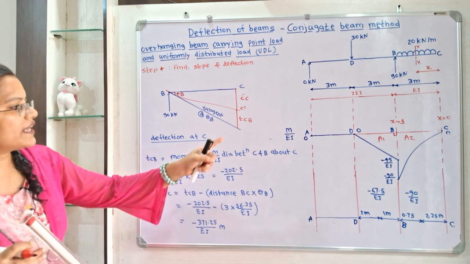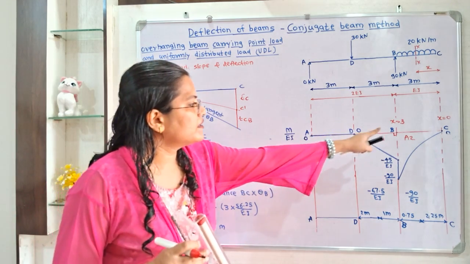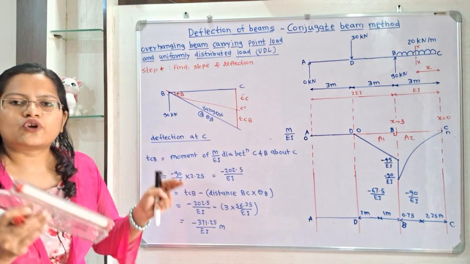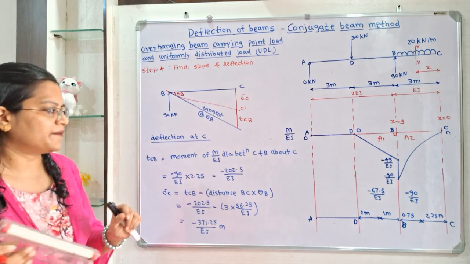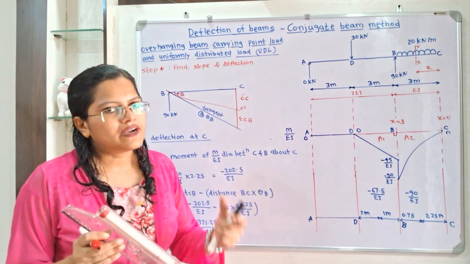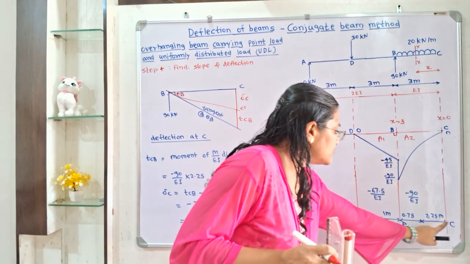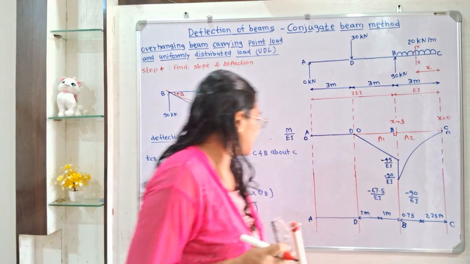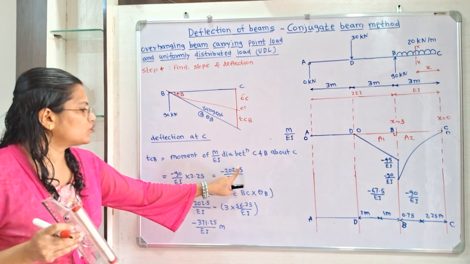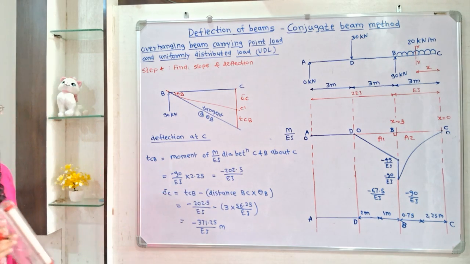We have to take the area in between B and C, area multiplied by centroidal distance from point C. So this area is minus 90 by EI multiplied by the centroidal distance from C, it is 2.25 meter. So when we calculate, we will get minus 202.5 by EI.